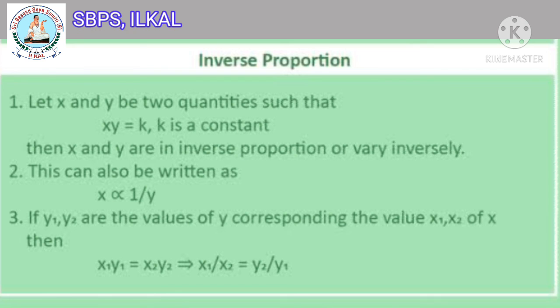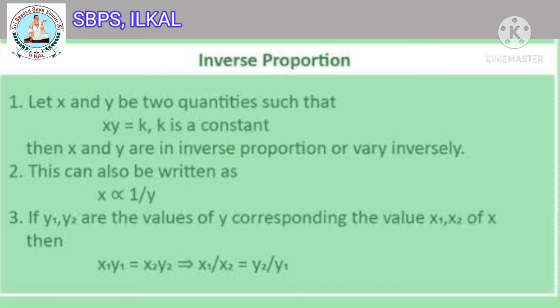For inverse proportion, let x and y be two quantities such that x into y is equal to k, where k is a constant. Then x and y are in inverse proportion or vary inversely.